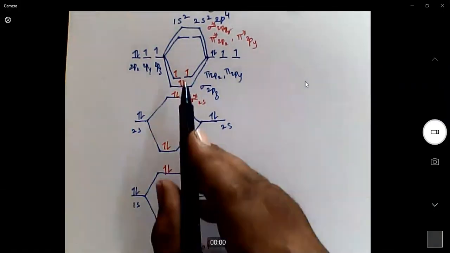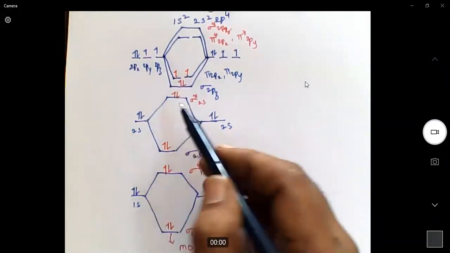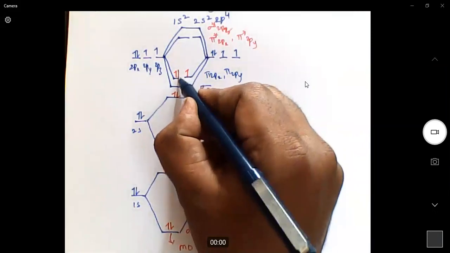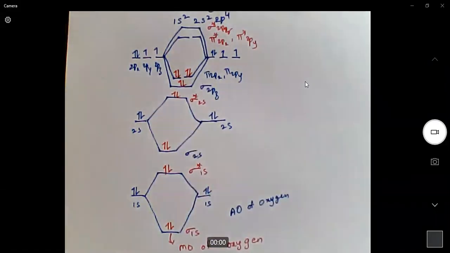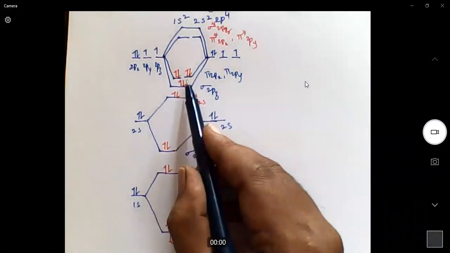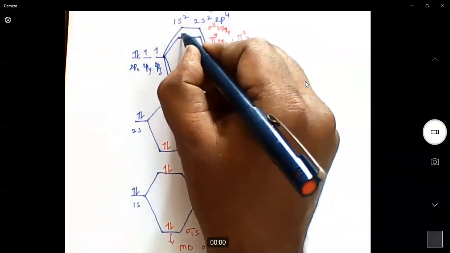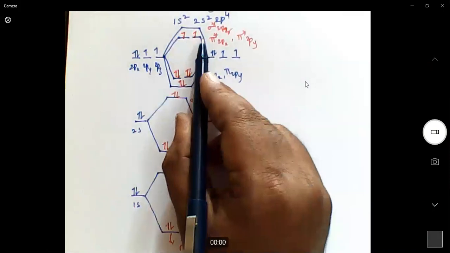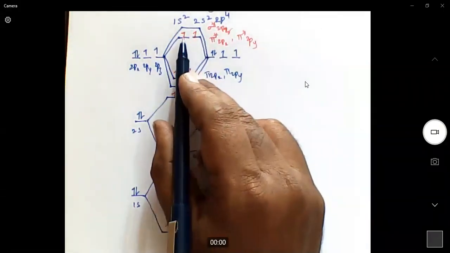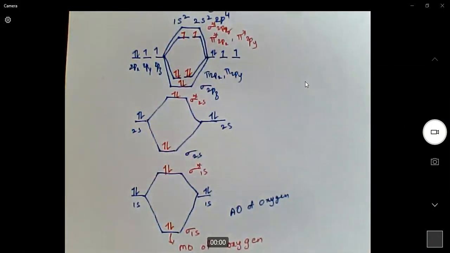So far we have filled 6 electrons, but we have 8 electrons. Then 2 electrons must be filled in pi star. Because these two are degenerate orbitals, we must fill 1 electron in each orbital.